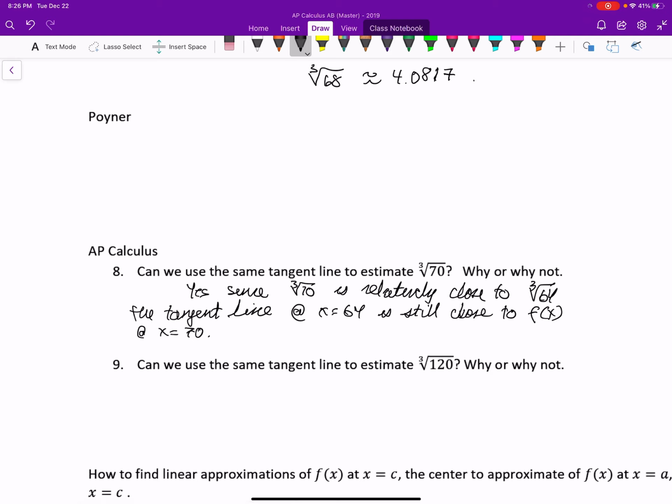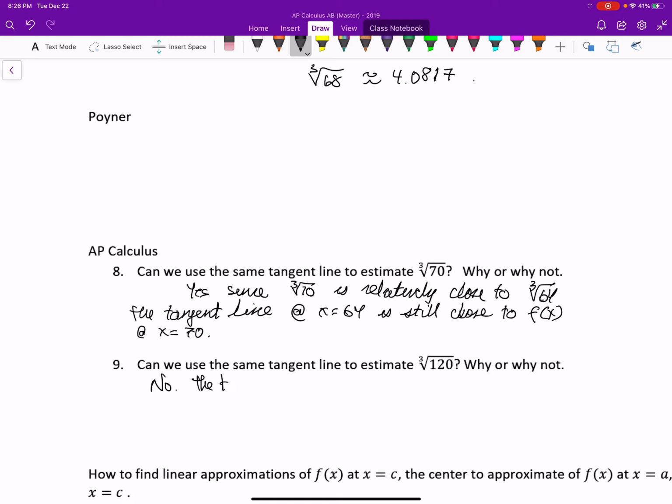Whereas in number 9, it's saying, would it be useful to use it at 120? You could use it, but it would be better to use 125. So it should be centered. So in this case, it wouldn't be a good estimate. So I would say no here. Technically, you can substitute in any value, but you want to pick the one that's the best value.